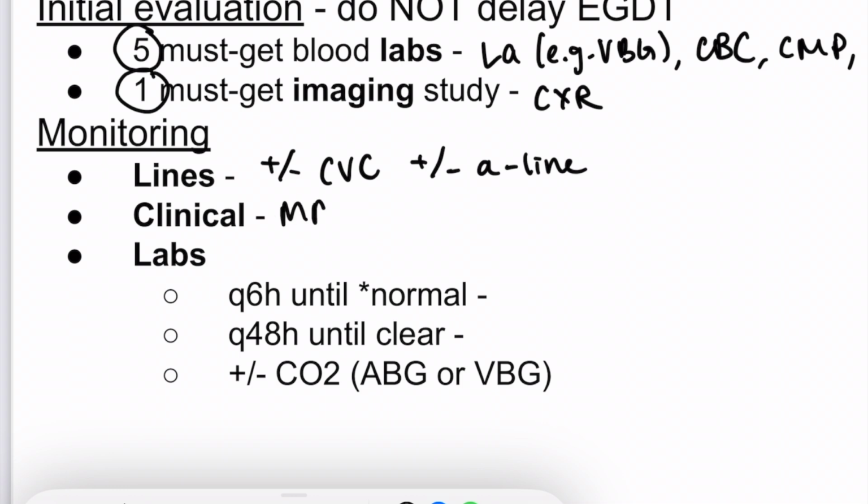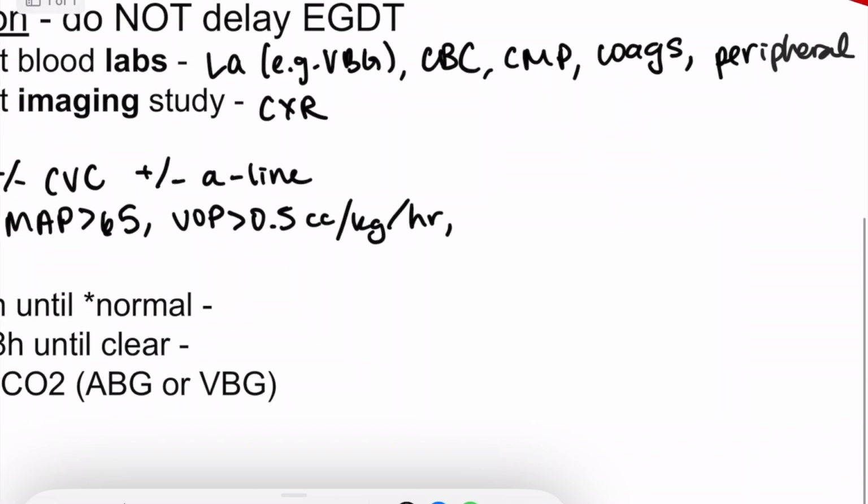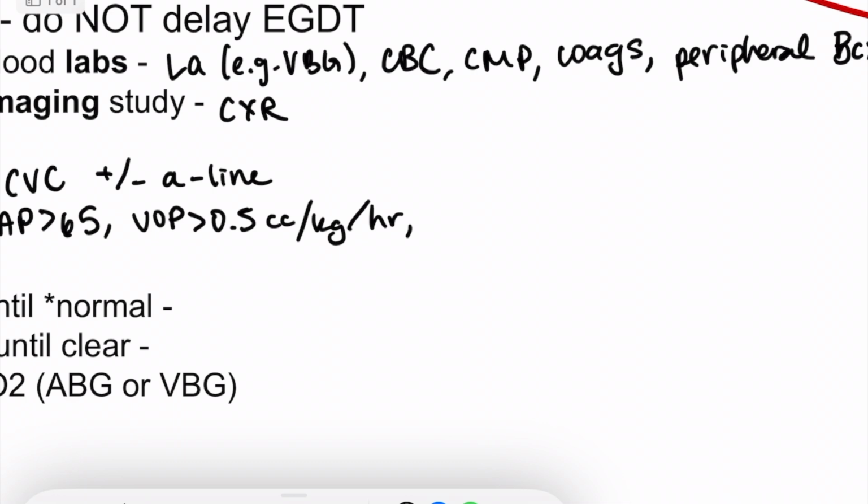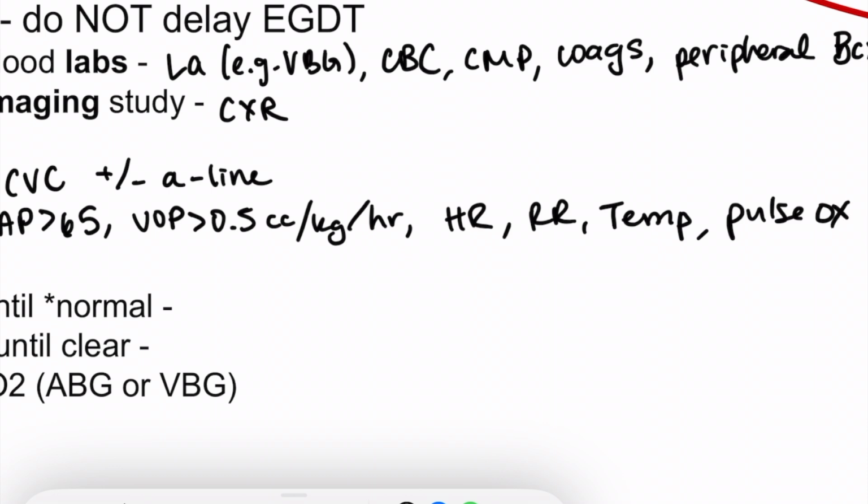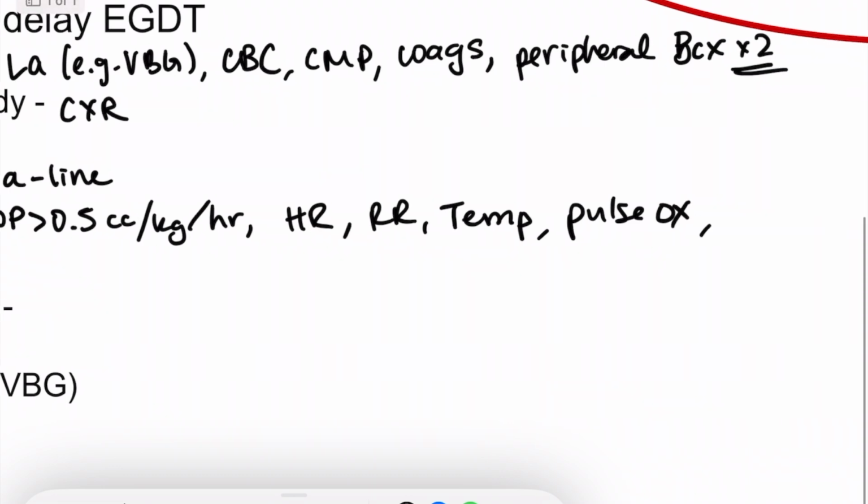So we want to make sure their MAPs are greater than 65. You can get this off of a regular blood pressure cuff. Want to make sure that the urine output is maintaining above 5 cc's per kg per hour, because this can be a sign of their kidneys not working well. Want to monitor normal vital signs such as heart rate, respiratory rate, temperature, pulse ox, and then mentation.